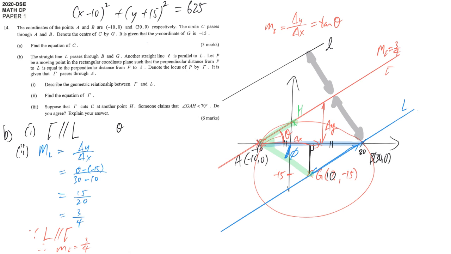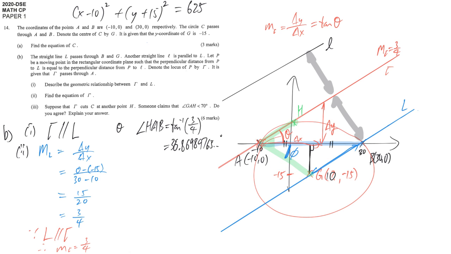Theta here, that means angle HAB, is equal to shift tangent of the slope 3/4. It's around 36.86989765 degrees.